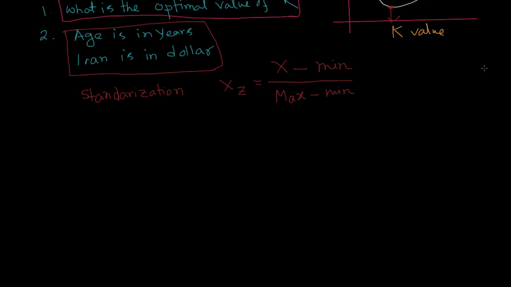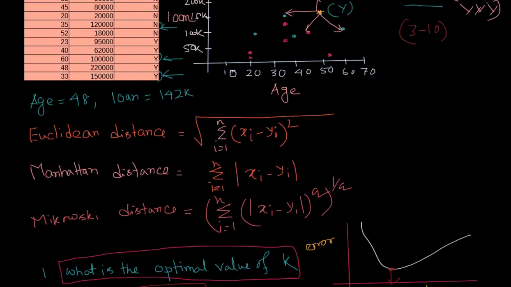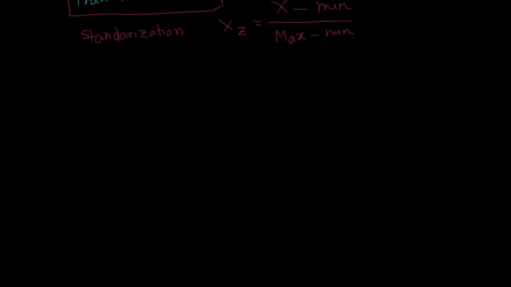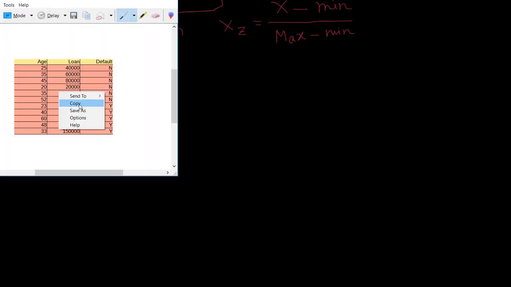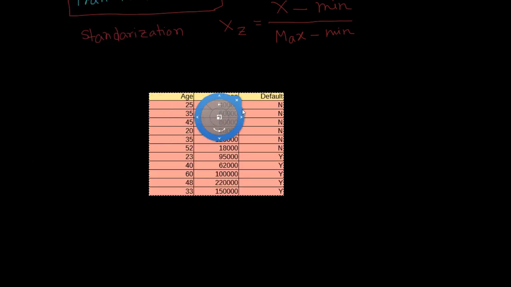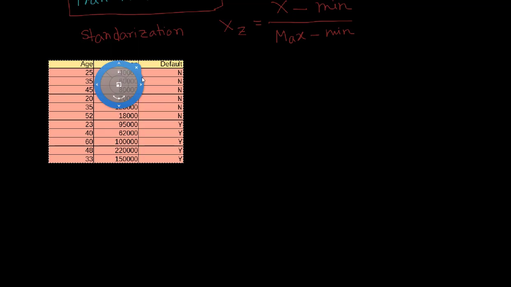So if I just copy this guy over here again, I'll just go over here, copy it, and paste this guy over here again. Now for age, if I want to standardize age, that means the new value of age will be, what is the current value of age?